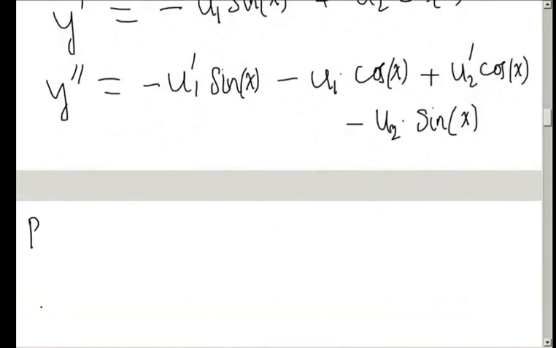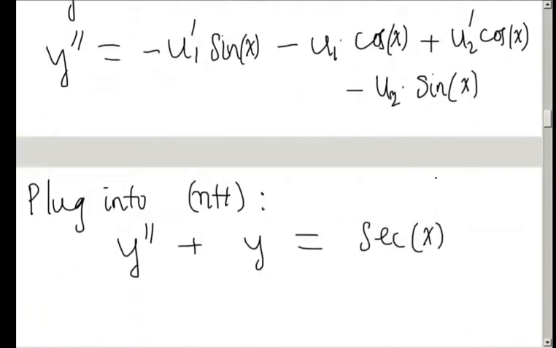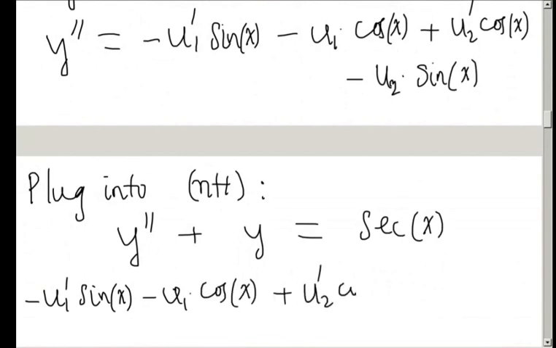Now plug into our non-homogeneous equation. The non-homogeneous equation says that y double prime plus y equals secant of x. And y double prime has 4 terms above, so let's use them. Minus u1 prime sine of x minus u1 cosine x plus u2 prime cosine x minus u2 sine x.